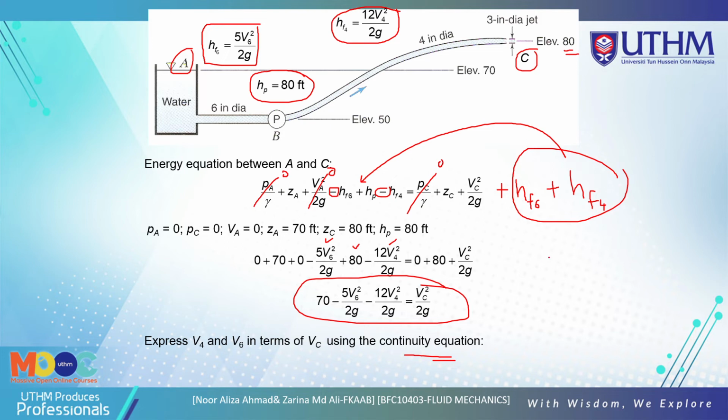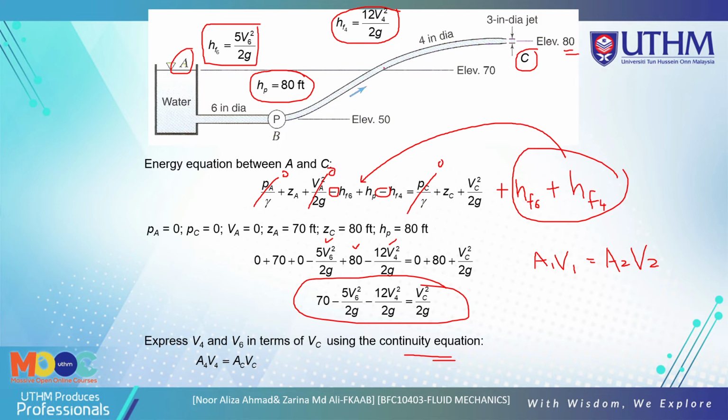We know that A1 V1 is equal to A2 V2. So ni daripada sini ke sini adalah sama lah, maksudnya based on the pipe here. So we use the continuity equation. So we use the A4 V4 is equal to AC VC.